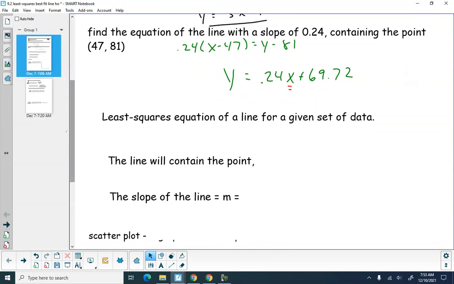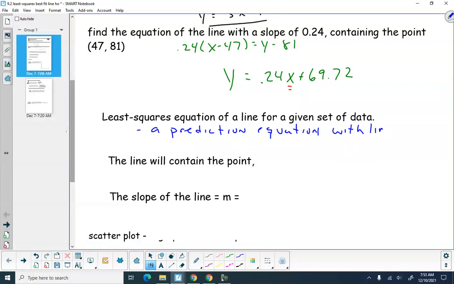Okay, when we talk about a least squares, this is a prediction equation for linear data.